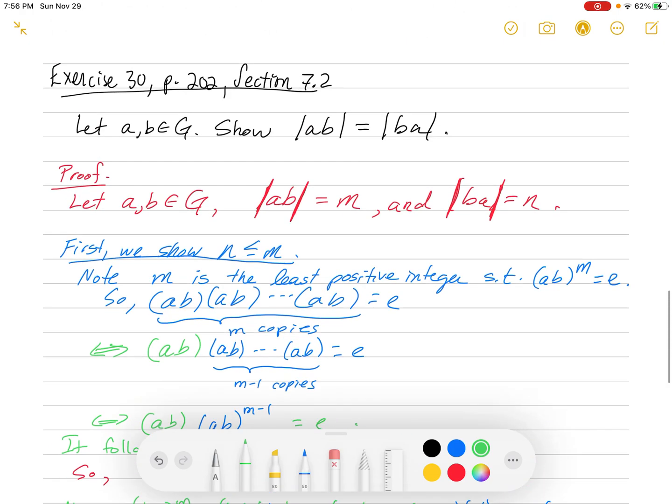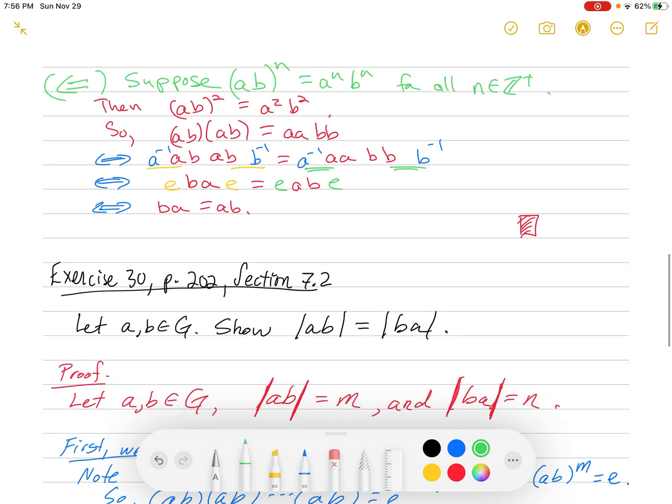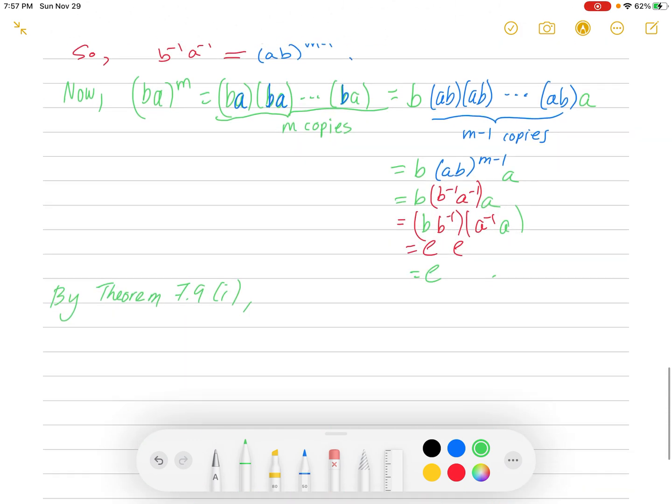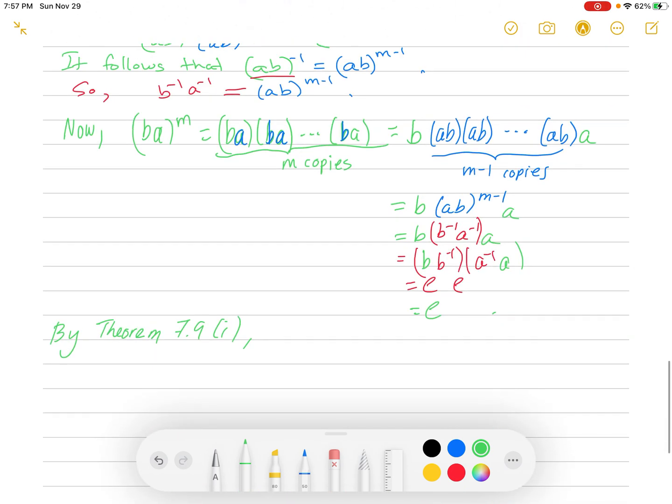This power is divisible by the order of BA. What was the order of BA? The order of BA here was N, right? So the order of BA has to divide M. So the order of BA, which was N, has to divide this exponent here, M.